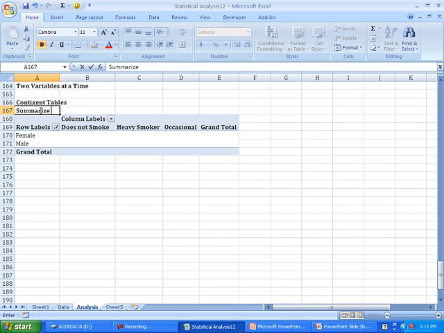Summarize the frequencies of smokers across the genders using contingency table.